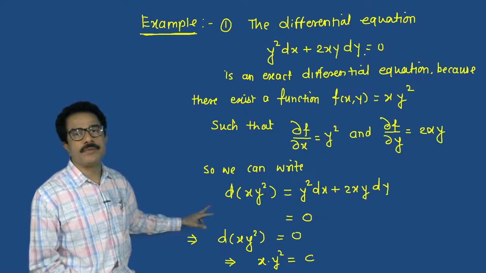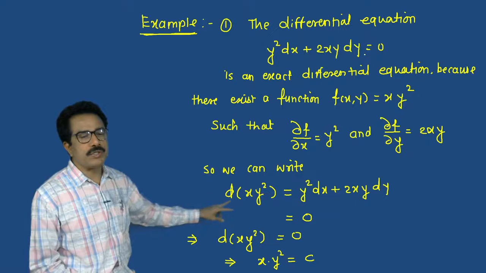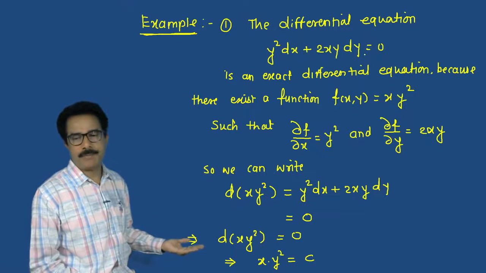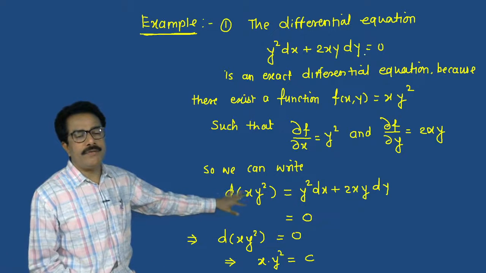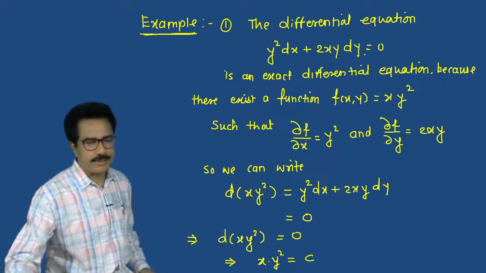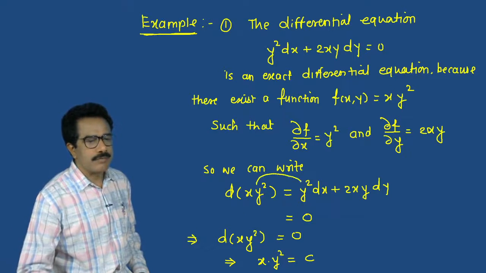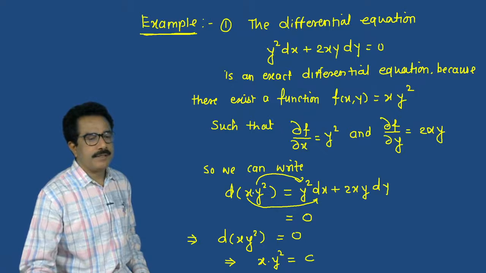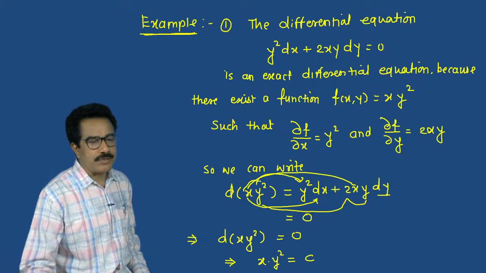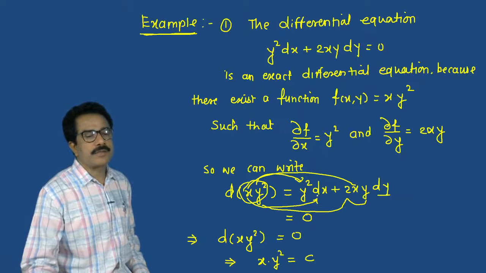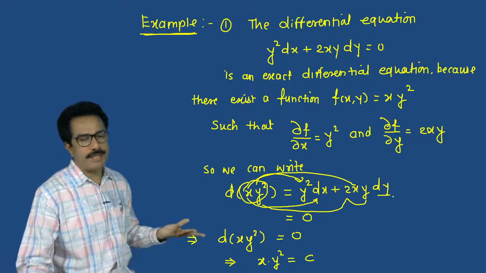If we take the partial derivative of x into y square, then you know that derivative of first, second as it is, means y square, plus first as it is, derivative of second, y square is 2y dy. So we get y square dx plus 2xy dy.